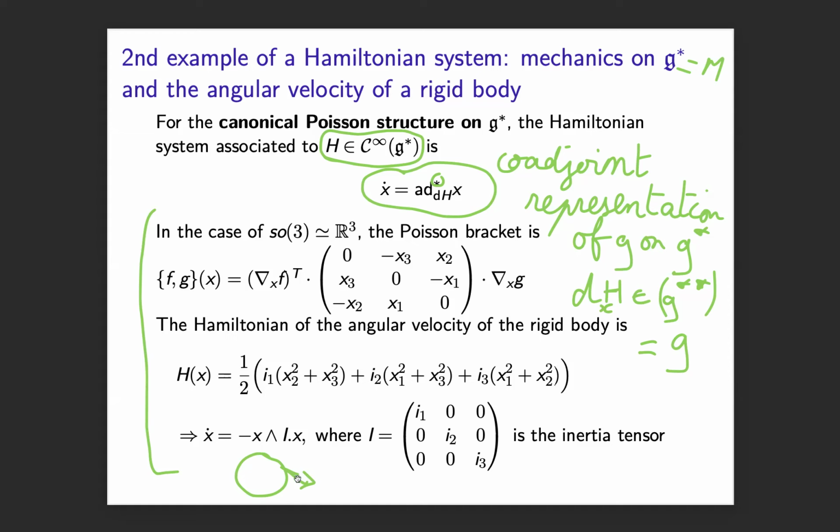So by a rigidity assumption, one can describe the dynamics of the angular velocity as living in SO(3). And one ends up with this dynamical system: x dot equal minus x wedge I times x, where I is the inertia tensor. The inertia tensor depends on the solid. Those are parameters of the solid.